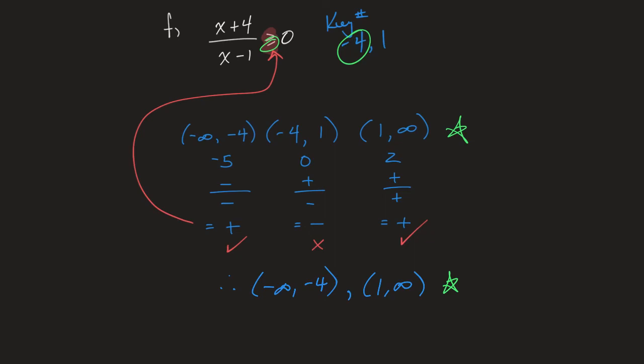So I need to make sure that I have a square bracket to ensure that now I'm including negative 4 as an option. Notice that I can't have a square bracket on the 1, because if x equaled 1, then my denominator would equal 0, and that gives me undefined.